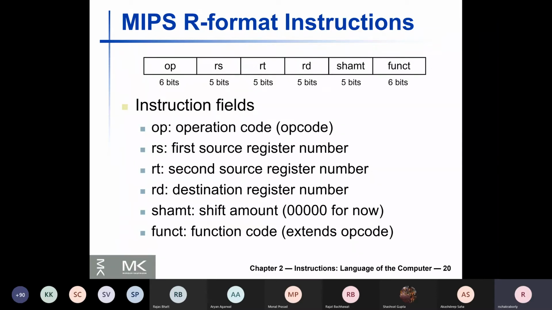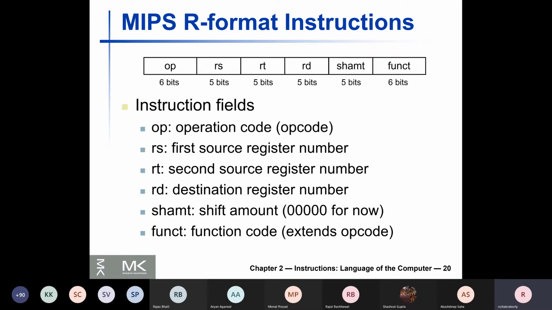The encoding will be done by the assembler, which has knowledge of how every individual instruction is encoded, and then it will be converted to this binary form and stored in memory. So you don't need to memorize everything, but you should know at least the format of the instructions.